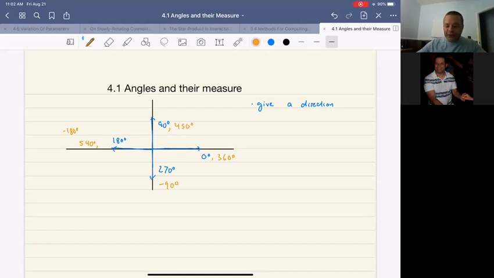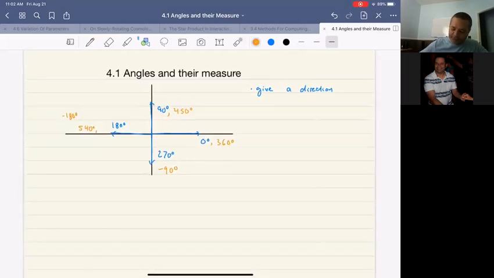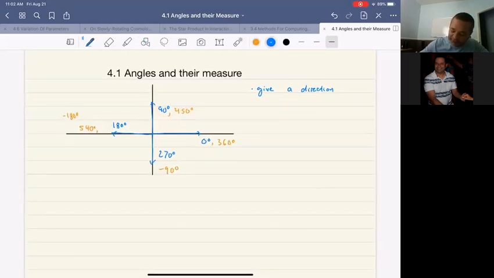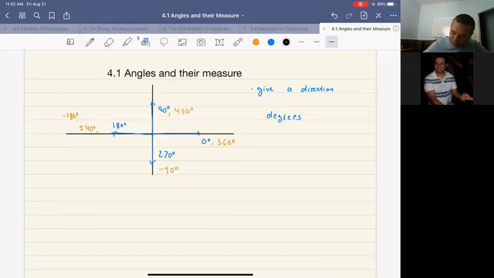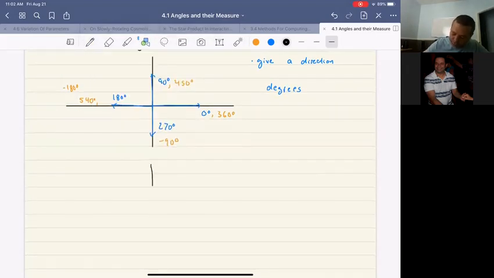We also can describe these using what are called radians. So this is in degrees. But we also have what's called radians.